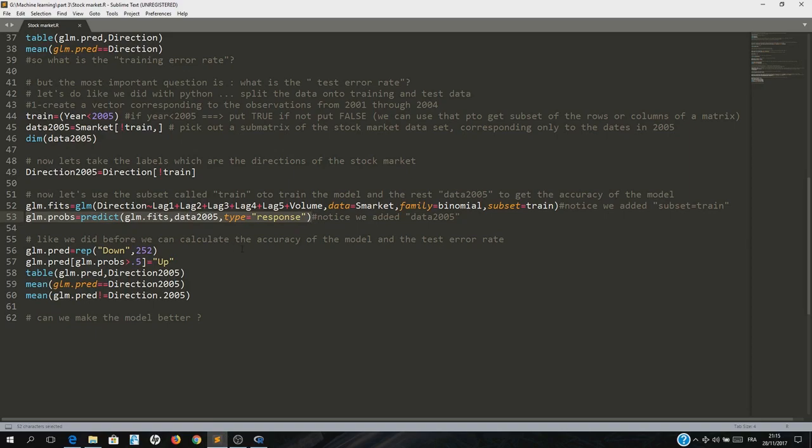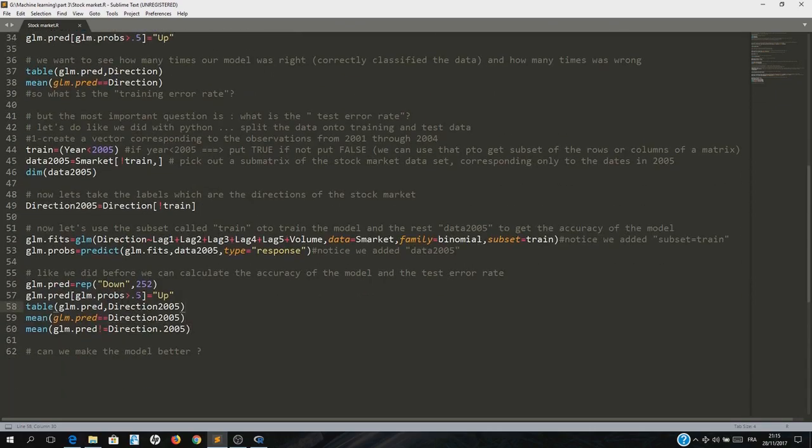Great. Now let's calculate the accuracy exactly like we did here by creating a vector. How do we know that it's 252?